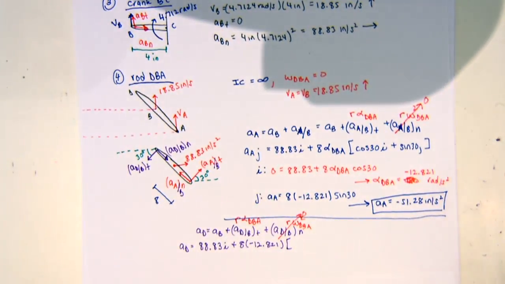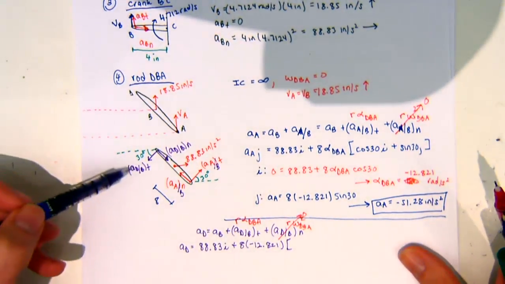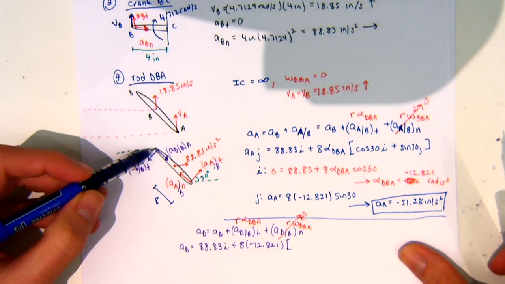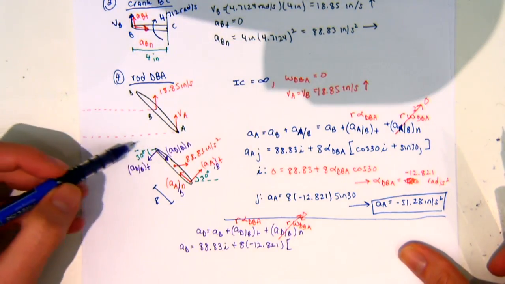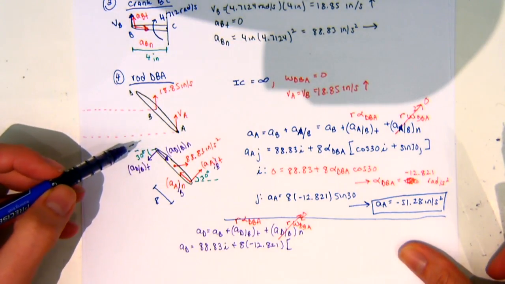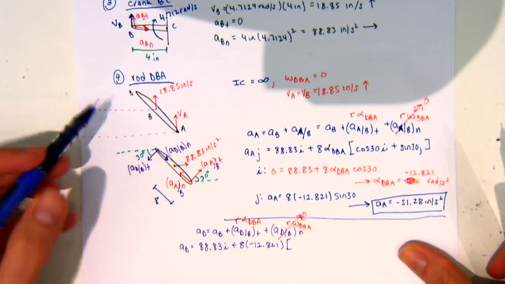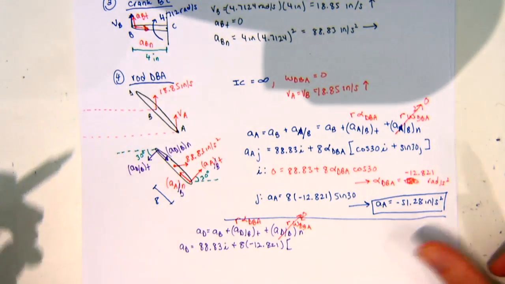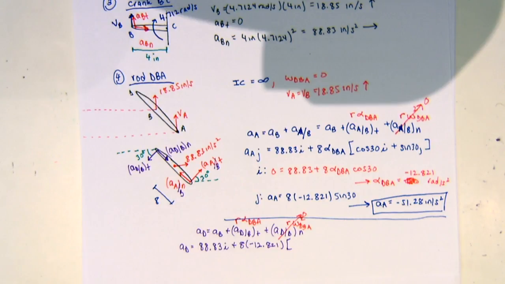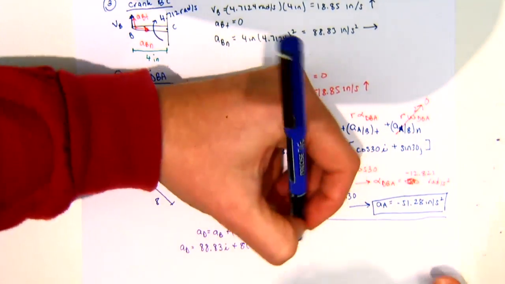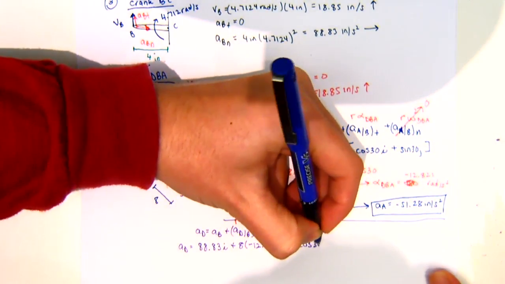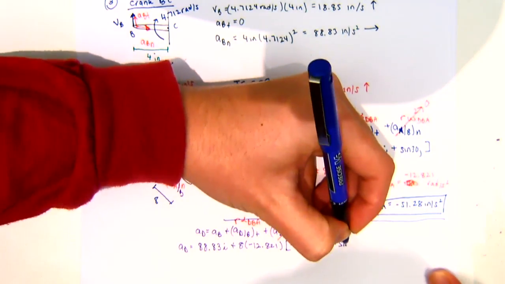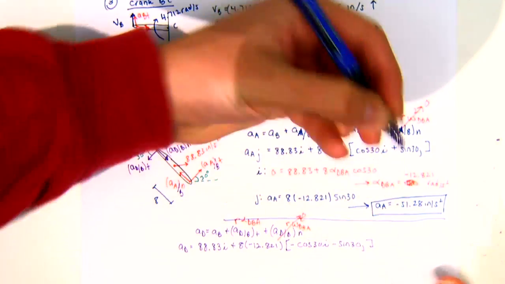And then for my I and J components, if I look at my diagram, for my X component it's going to be cosine of 30, but notice which direction it's in. The I and the J are both negative.